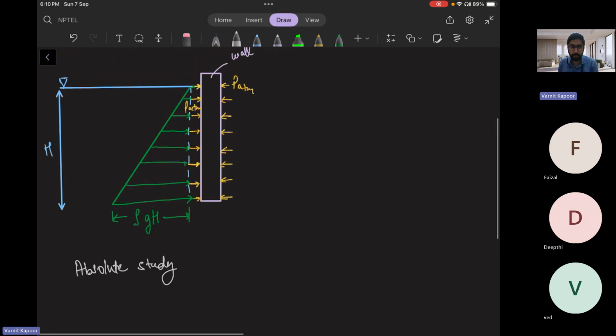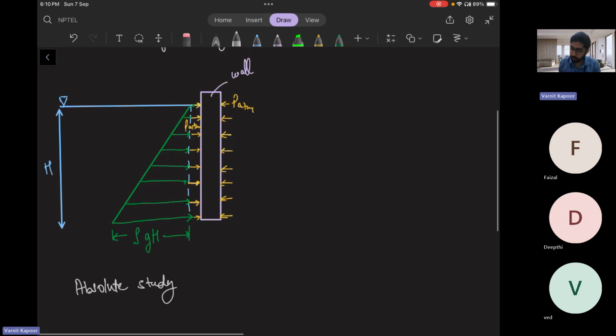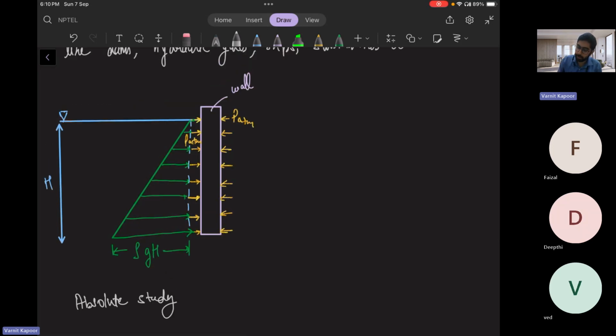But we generally deal with gauge pressure. So this wall is somewhat like this. Let me draw it again. Suppose this is H itself, the height, and this is the pressure on the wall.